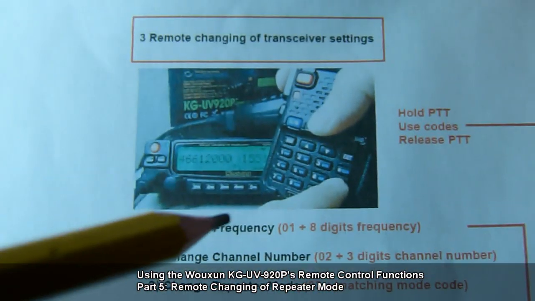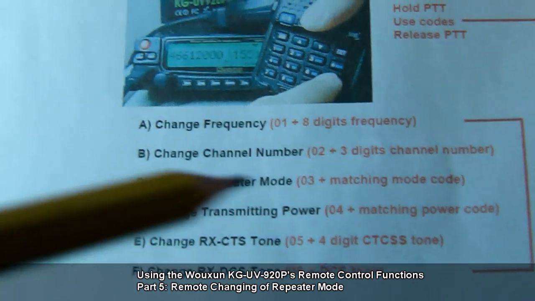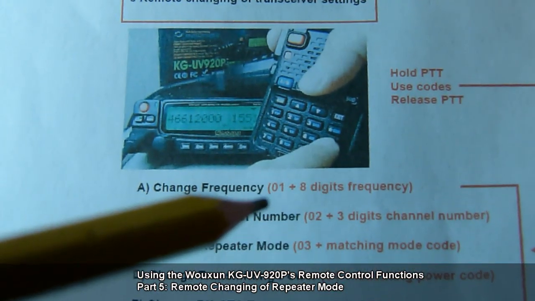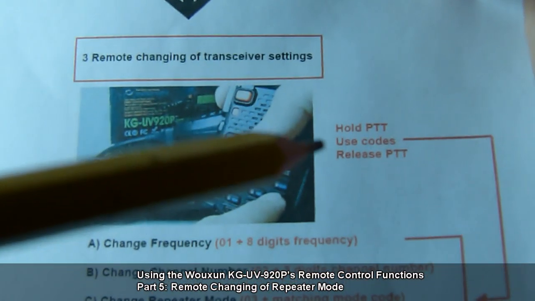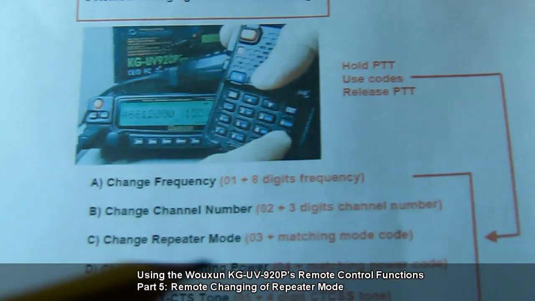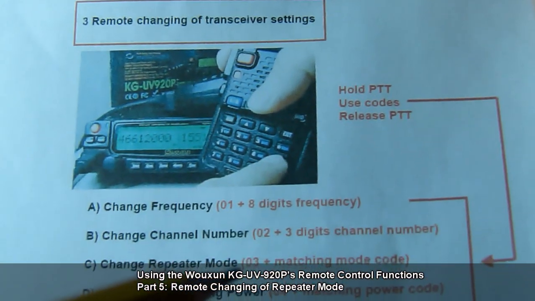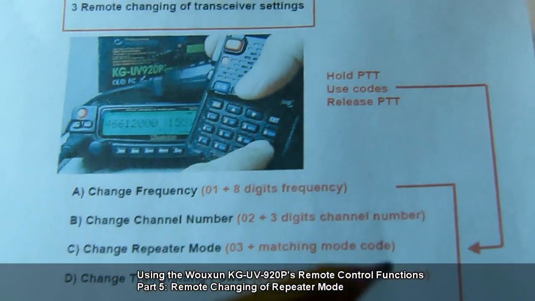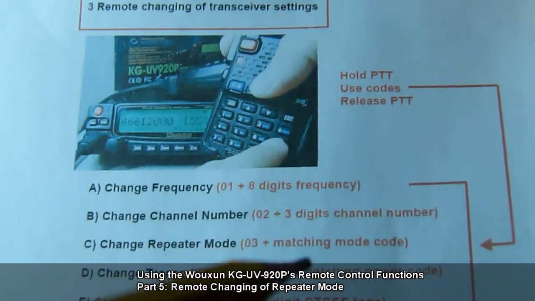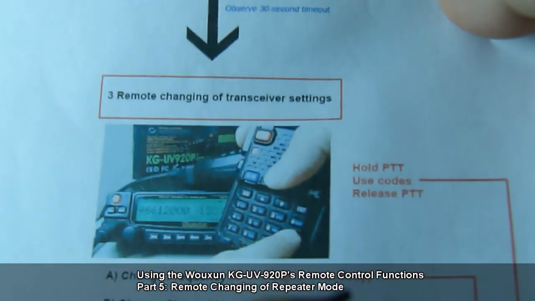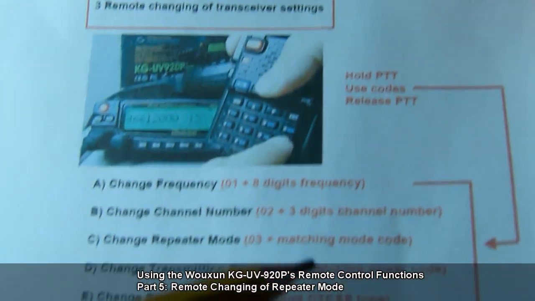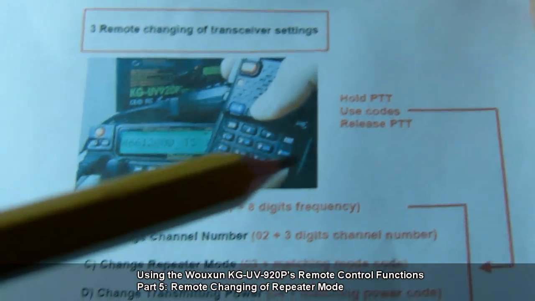Since we would like to change the repeater mode, we again hold the PTT on the HT controller and use the codes below. The code here is 03 and the matching mode code depends on what repeater mode you would like to access, and then release the PTT.